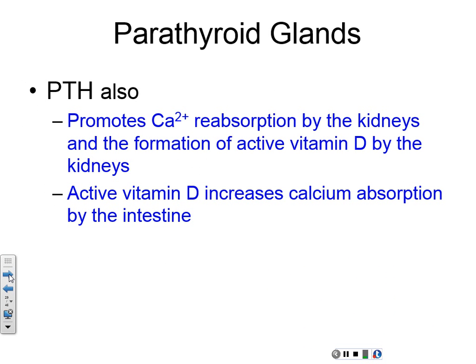So PTH does that. It promotes reabsorption of calcium in the kidney, and it will also cause the kidney to produce active vitamin D. And vitamin D causes the small intestine to absorb more calcium.